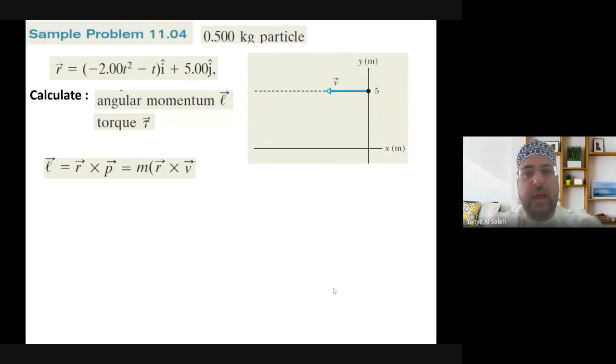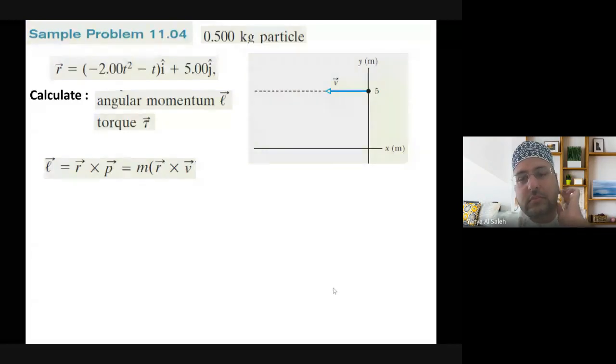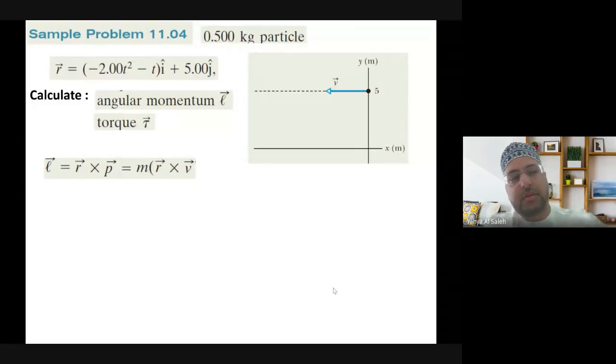We know m, half kilograms. We know r, it's right there. What is v? How can we find out what v is? Anyone remembers?